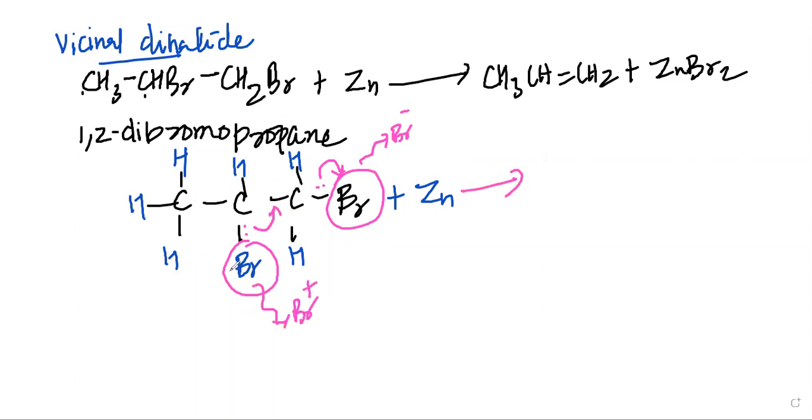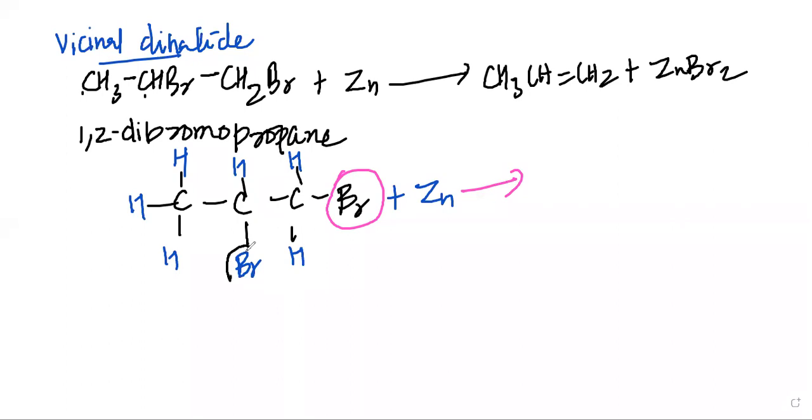If we try to explain it not in that manner, you can see that, my dear student, we will not consider it as a Br plus, but here what happens, my dear students, is that these two bromines are being removed.